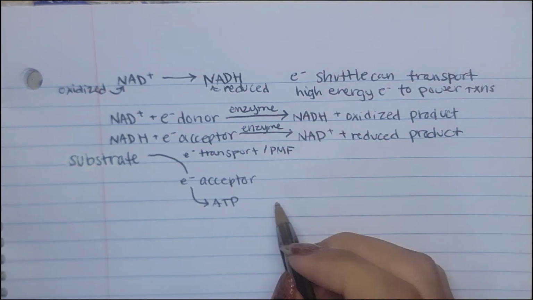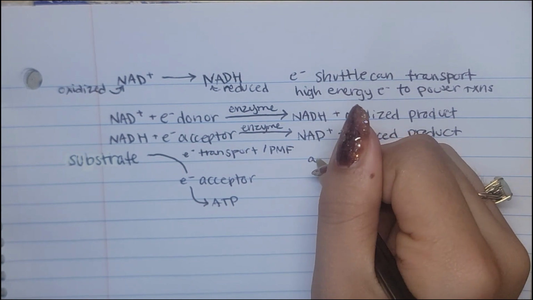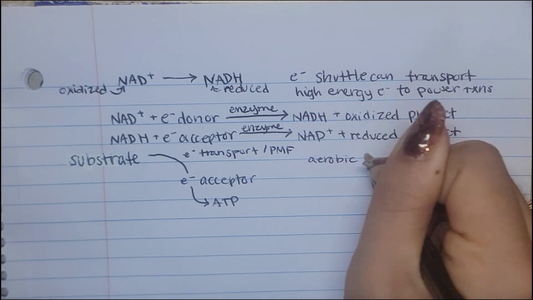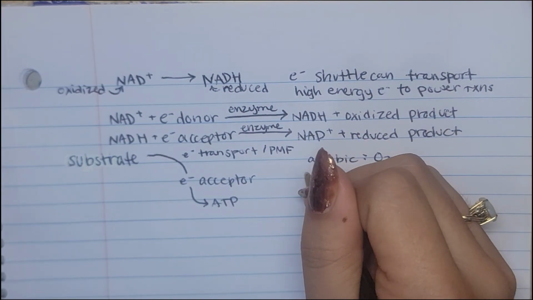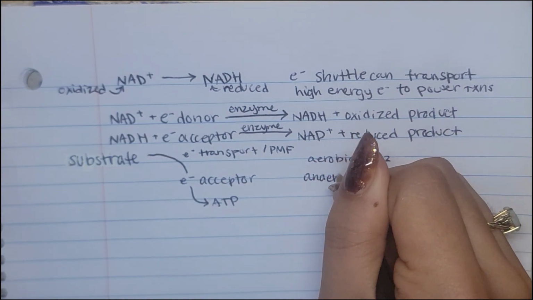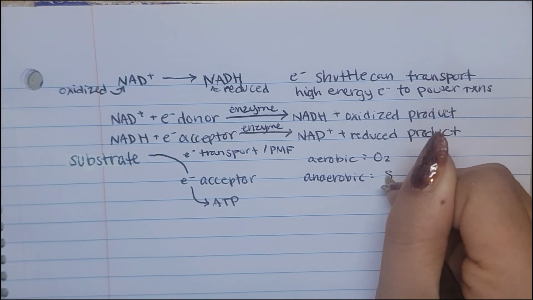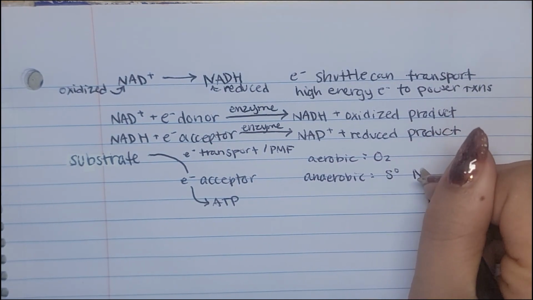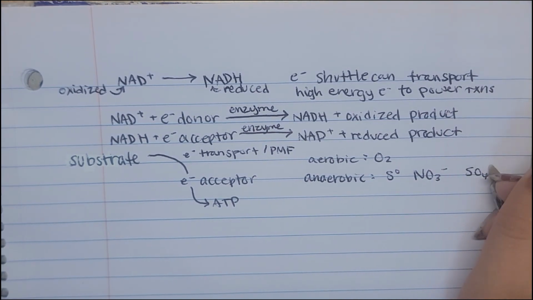So there are a couple of different categories of electron acceptors. I feel like the very dominant one is oxygen, but that's aerobic. There are also anaerobic respiration systems. So you have atomic sulfur, you can have nitrate, you can have sulfate.